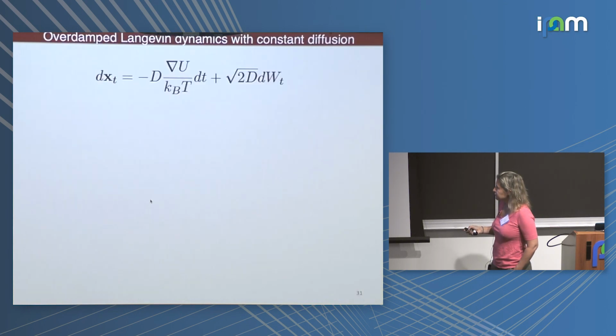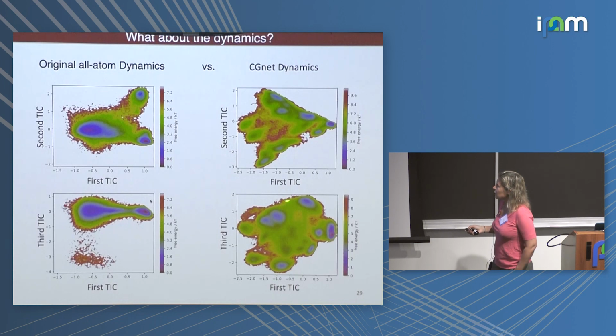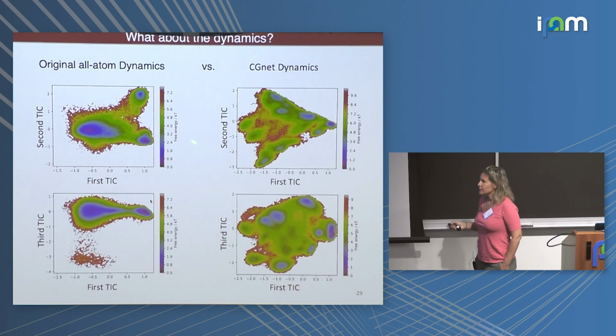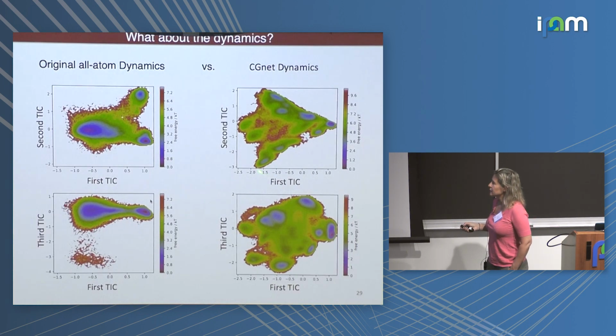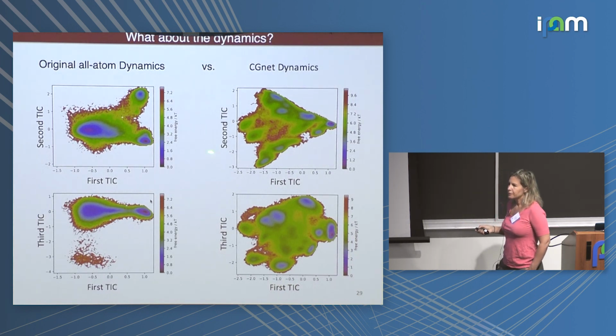In fact, if we look at the collective dynamical modes, you can think of this as some sort of nonlinear modes of the system, the slowest modes of the system.